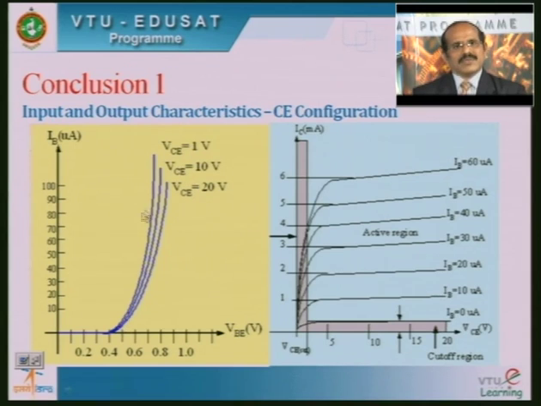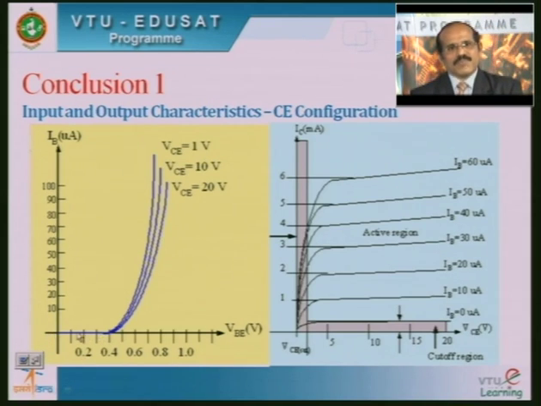Another point is that for a fixed VBE, whenever VCE increases, IB will decrease.